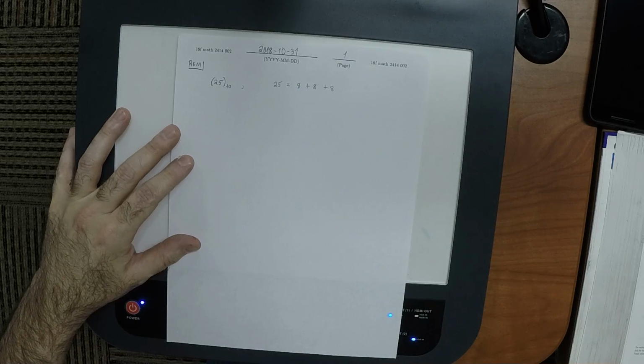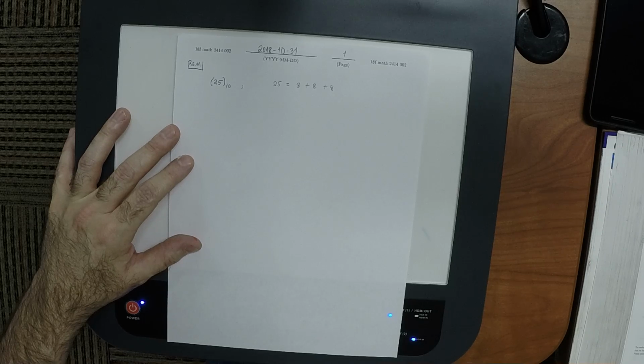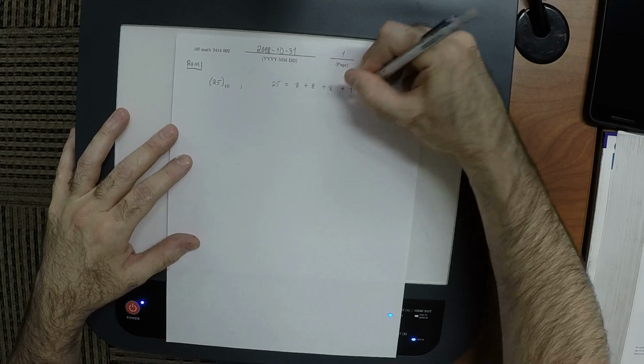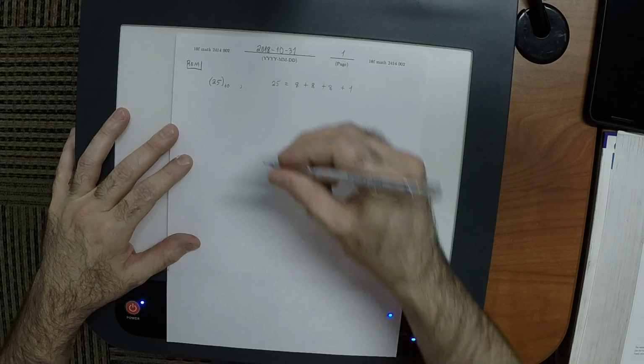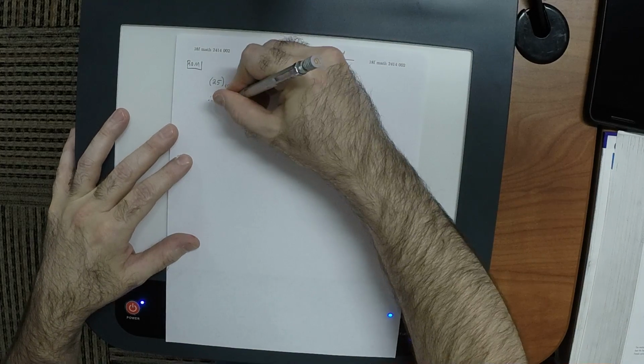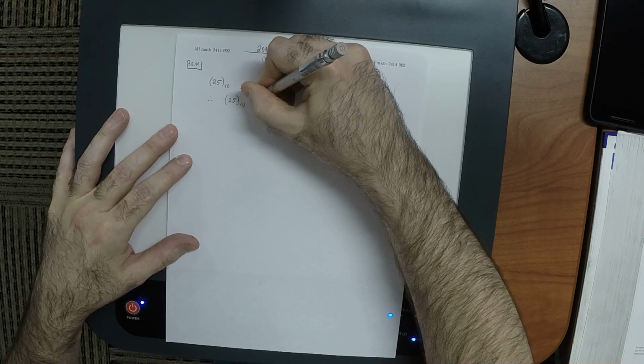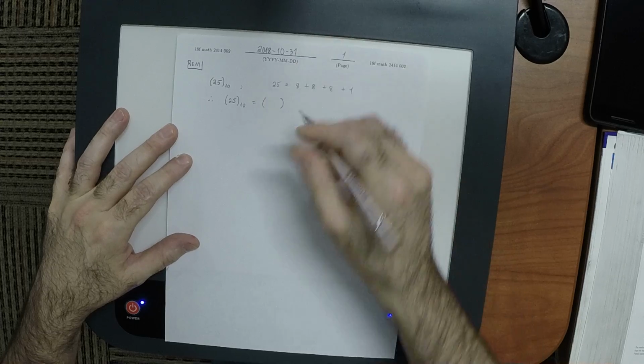We can get 3 8s. And then after you've taken away those 3 8s, can you take another 8? No. So then there's just 1 more. So as a result of that, 25 in base 10, how do you write it in octal?